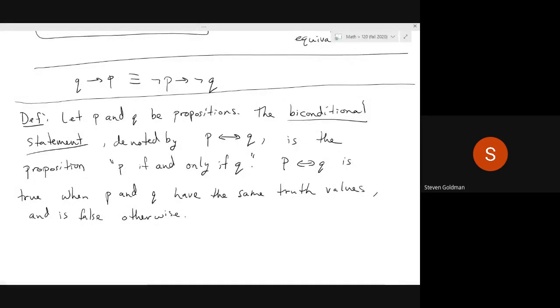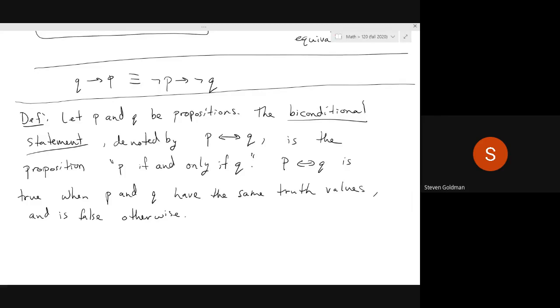What a biconditional statement is saying is that if P is true, then Q is true, and if Q is true, then P is true. When one is true, so is the other. When one is false, so is the other.